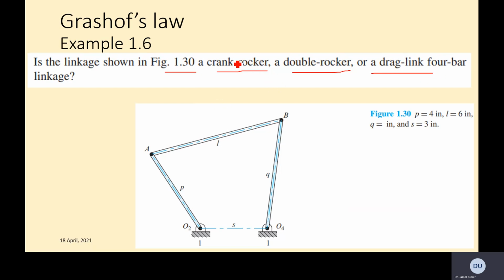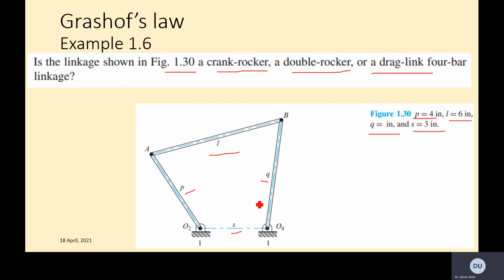We need to decide what category this mechanism is. We have been given different lengths. P is 4 inch. L, which is the longest, is 6 inch. Q, I think this is missing, so it would be given. And S is 3 inch.